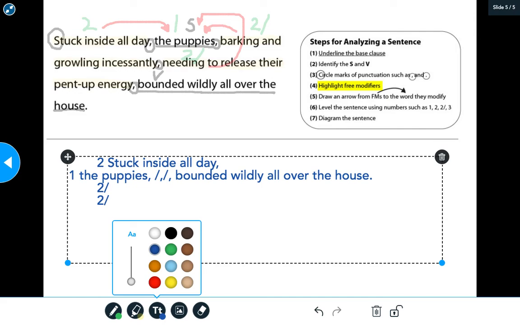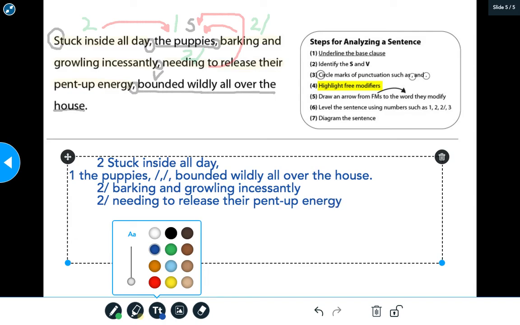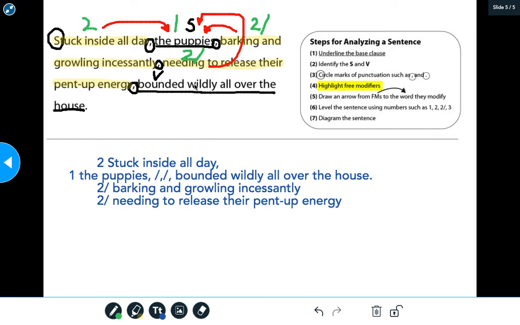So we've got barking and growling incessantly. Did I spell that right? I-N-C-E-S-S-A-N-T-L-Y. And we've also got needing to release their pent-up energy. And I think that's it.